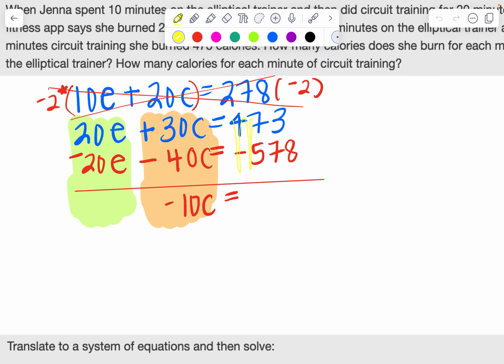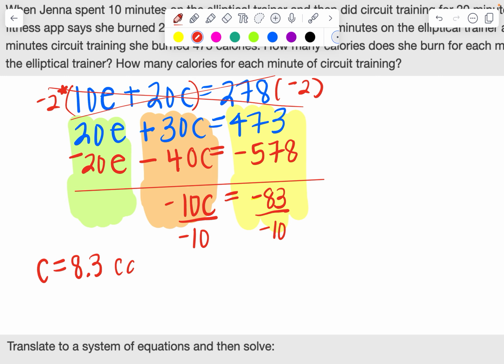And 473, take away 576, gives me negative 83. If I divide both sides by negative 10, I would get for circuit training, she burns 8.3 calories per hour, or I'm sorry, 8.3 calories per minute.